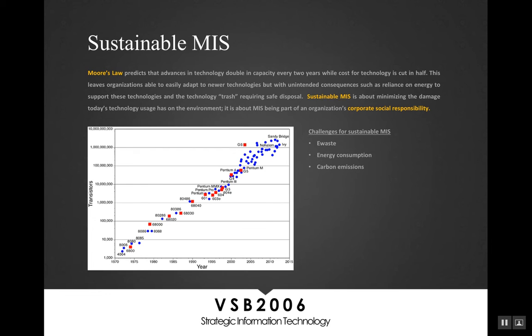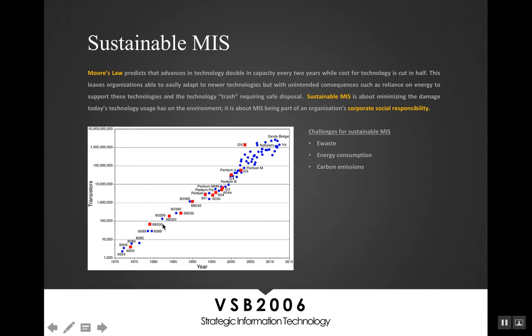So the idea of a sustainable MIS: this is a chart of the number of transistors in an Intel processor.